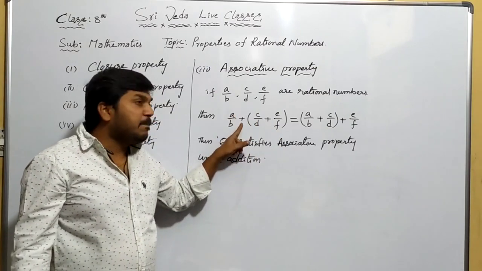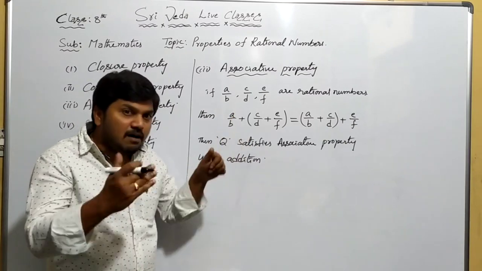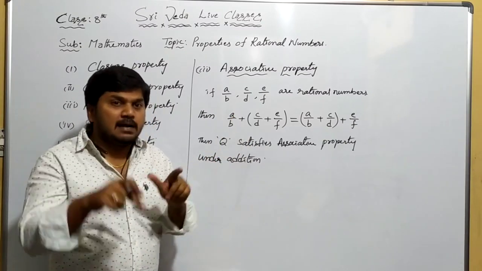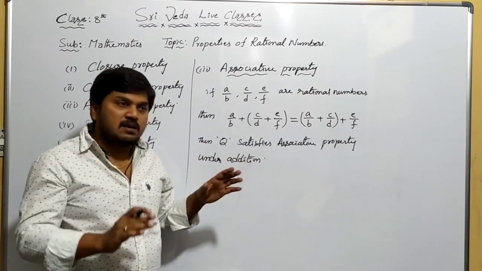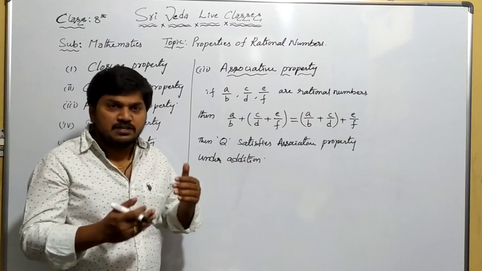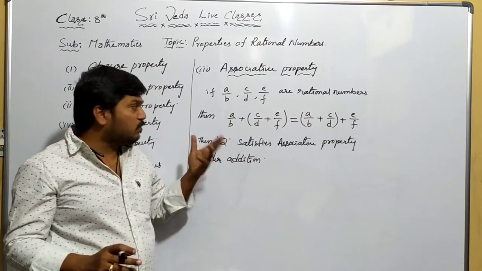See, A by B plus of, give the gap. A by B plus of means you need to start the bracket. I won't say bracket start like that, but while pronouncing, you have to start that. So you just listen how I am pronouncing.